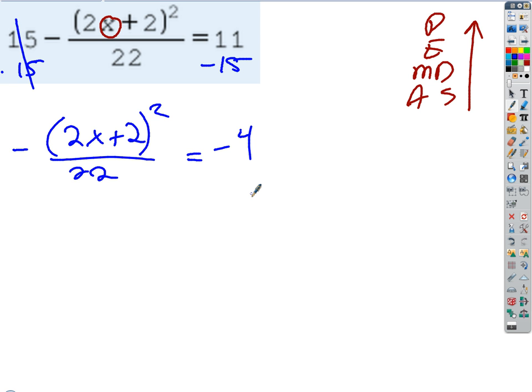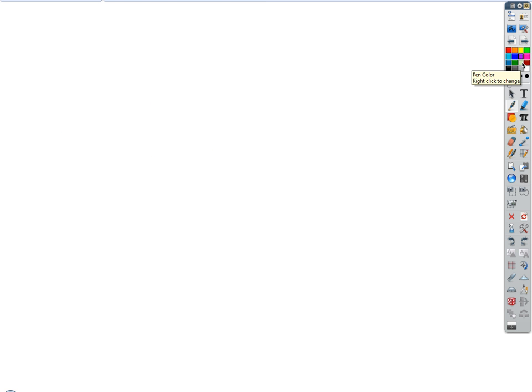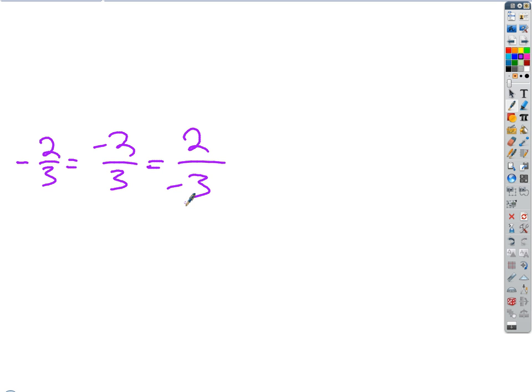If I want to, I can. Now, these fractions are all technically the same. If I write down -2 divided by 3, or -2/3, it's the same thing as -2/3. Technically, that's the same as 2 over -3. We would never write it that way, but that's equivalent, right?